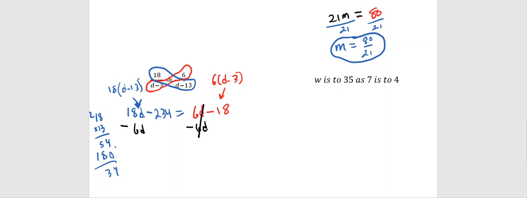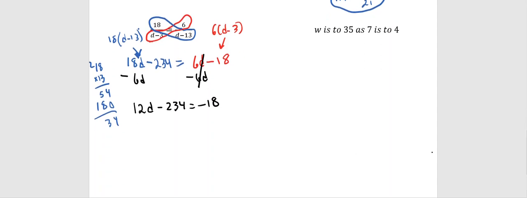By subtracting 6d, that's going to force me to have a positive coefficient for my variable moving forward. So now I'm at 12d minus 234 is equal to negative 18. Naturally, from here, since I am left with a two-step equation, it makes sense for me to add 234 to both sides.